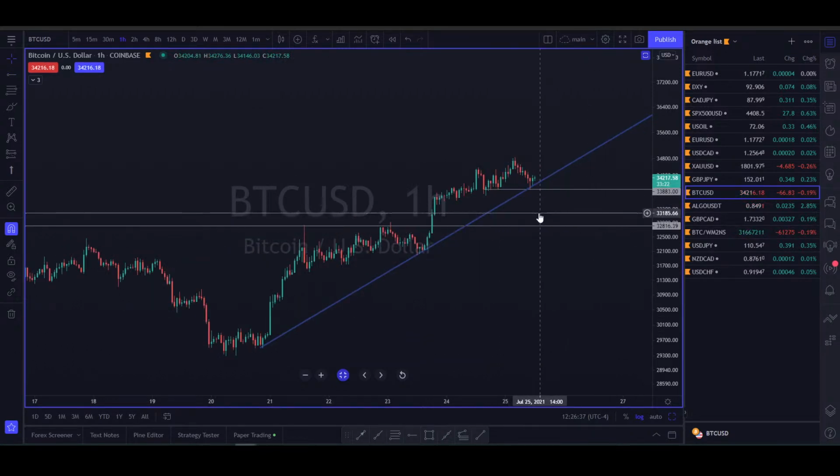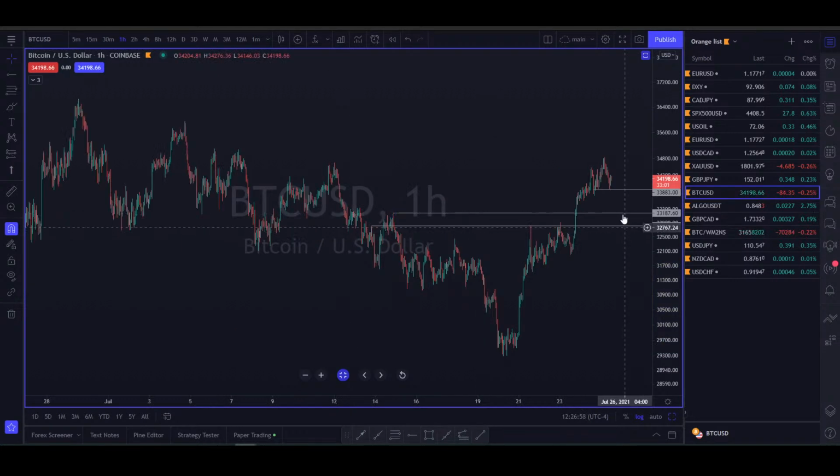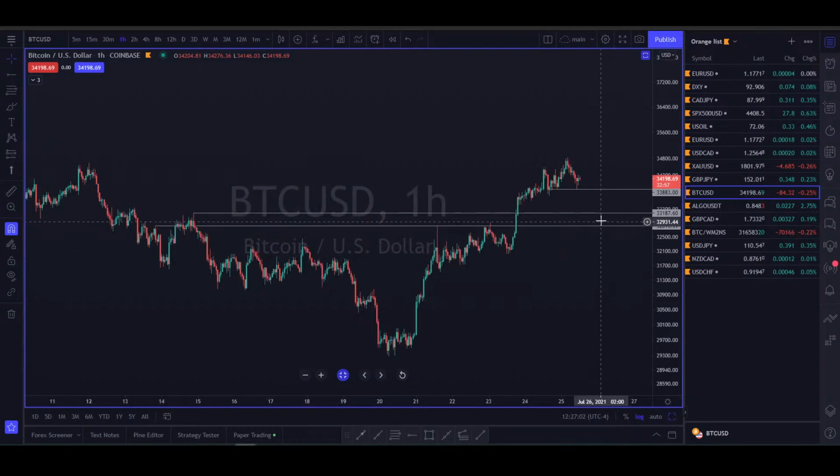So a pullback into this area or this area. This is where we're looking for higher low support, and then Bitcoin to roll up and go up higher. Because people are going to look at this steep trend line and be like, oh, it failed, it's bearish. It is bearish still. I mean, you're in a downtrend, so that is going to be where I'm watching it. 32,816, 33,187.